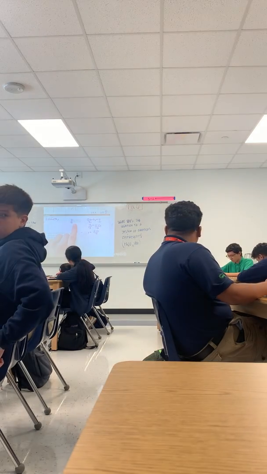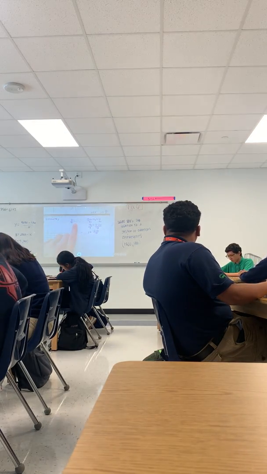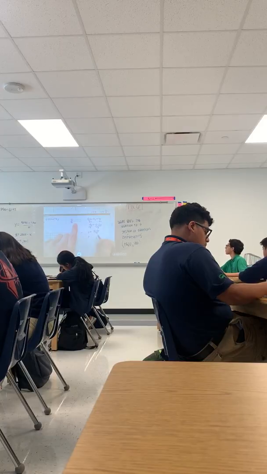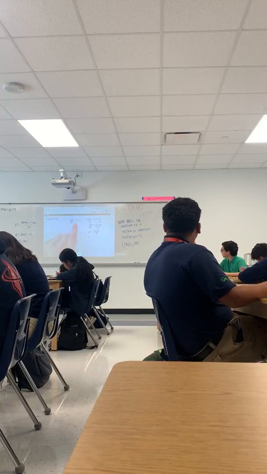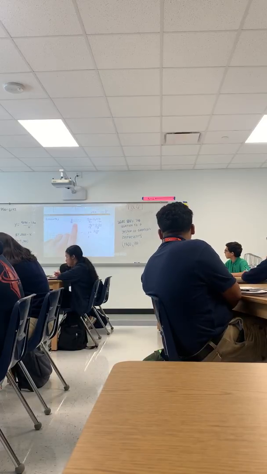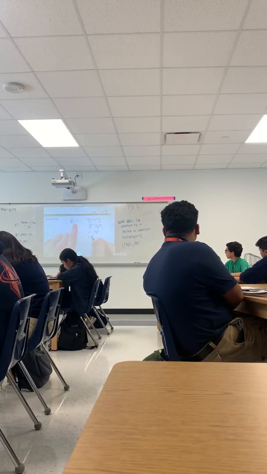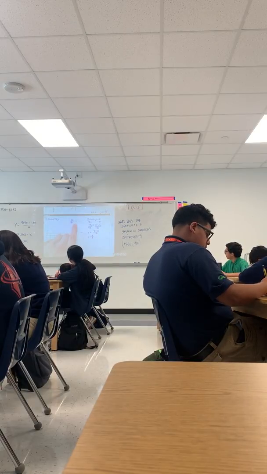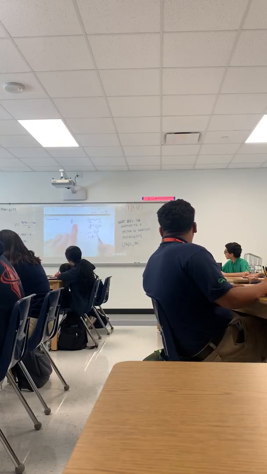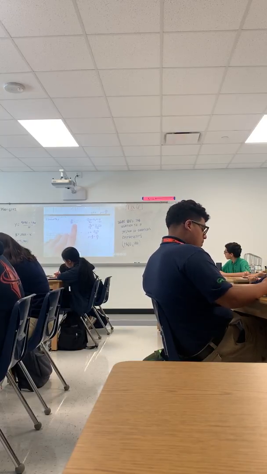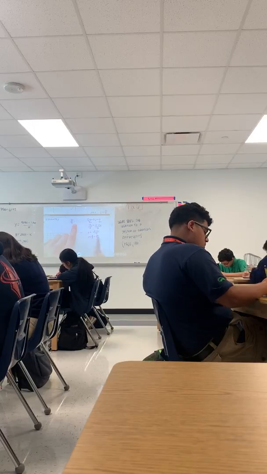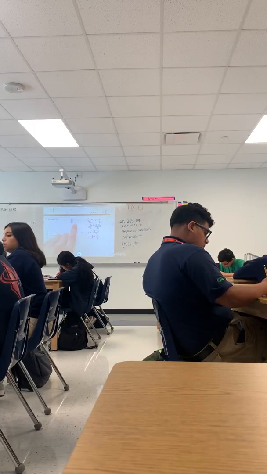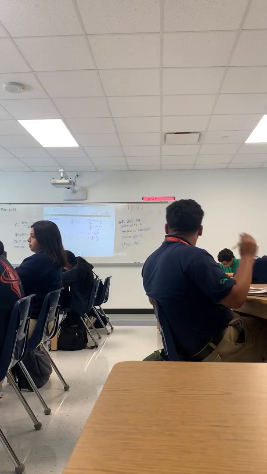Now we can simplify this, right? Negative 2 over negative 3, what does that give me? Negative over negative is a positive, so this becomes 2/3, and negative 2x over negative 3 becomes positive 2x over 3. I've got y isolated, so now I can plug that into my calculator.